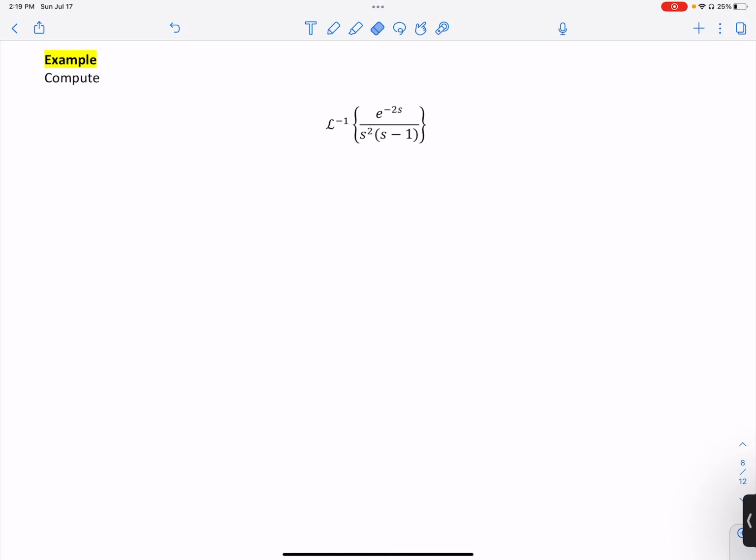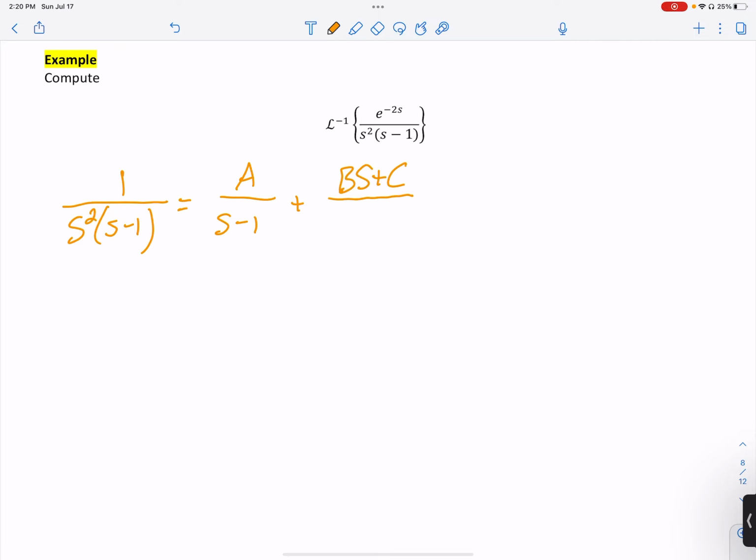Okay, so I have to break up this 1 over s squared, s minus 1. So I am going to use fraction decomposition, a over s minus 1, and then this one's going to feel weird, but it's bs plus c over s squared.